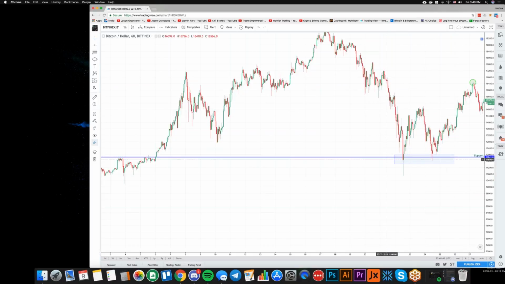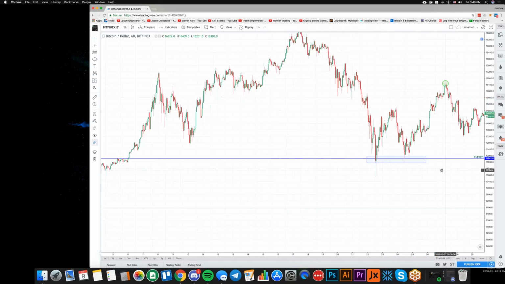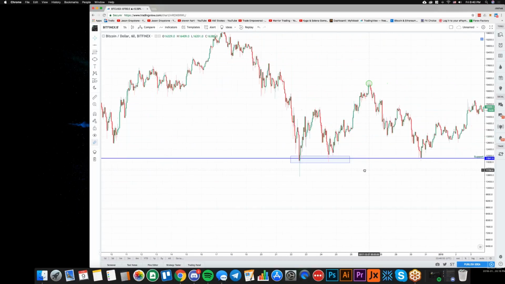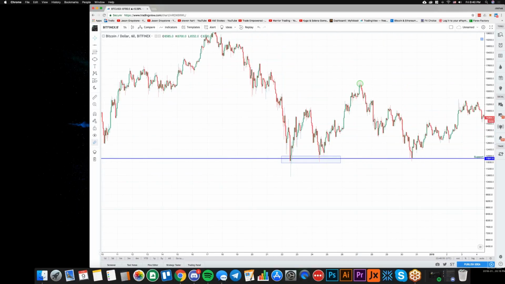Because in the past, we have seen this area respected as support. We came down, boom, we bounced it, and then we went back up. So that would have been a really good time to buy in this area of support.